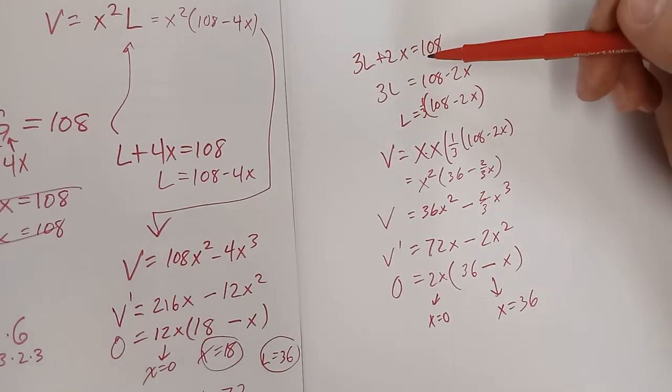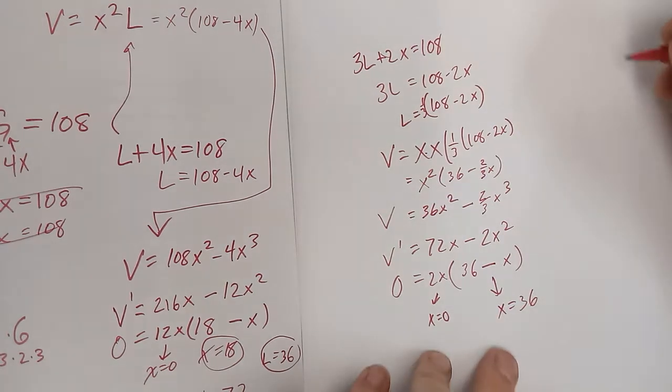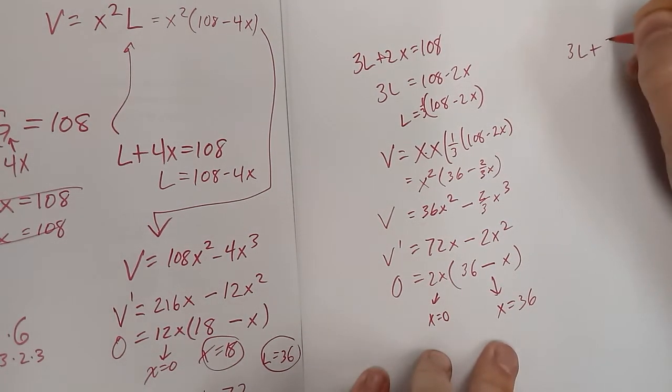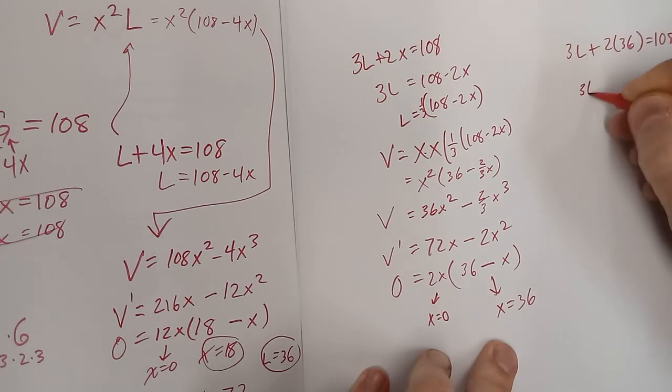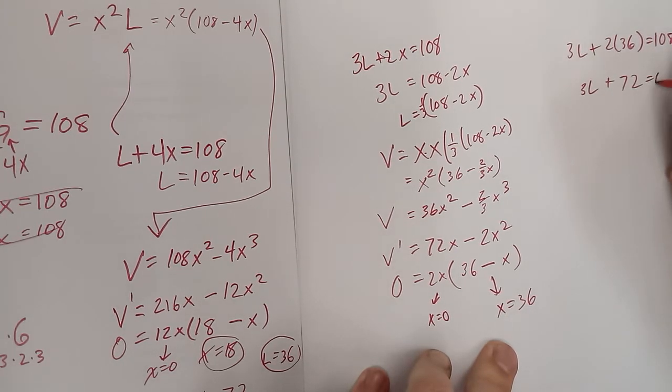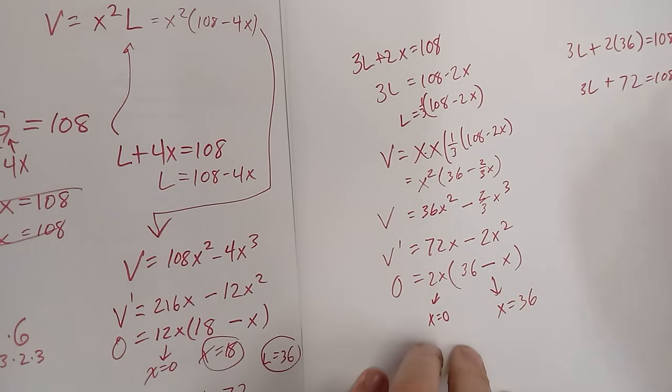So 3L plus 2 times 36 is equal to 108. 3L plus 72 is equal to 108. Subtract the 72 from both sides. 3L is equal to 36, and L is equal to 12.